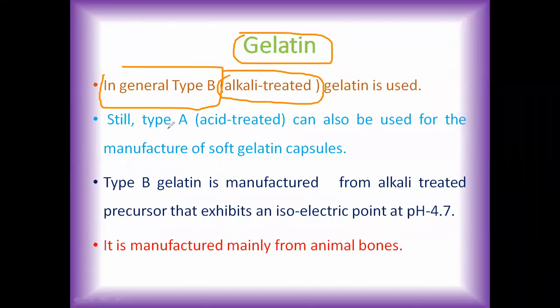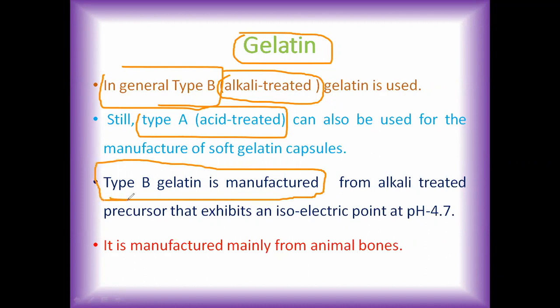Now, we can also use type A, that is acid treated gelatin, for the manufacturing of soft gelatin capsules. Now, type B gelatin is manufactured from alkaline treated precursors that exhibit an isoelectric point at pH 4.7. And this type B gelatin is mainly manufactured from the animal bones.